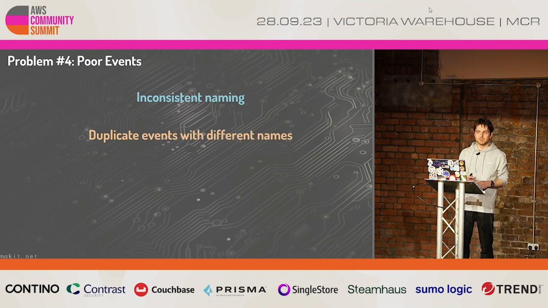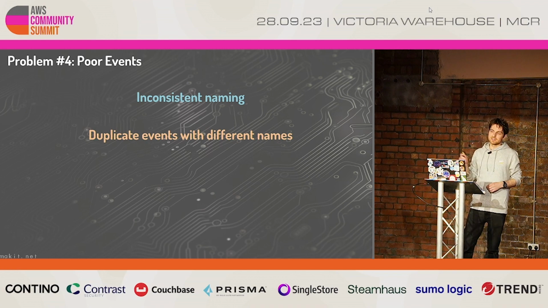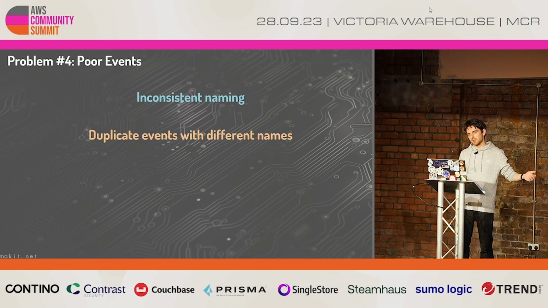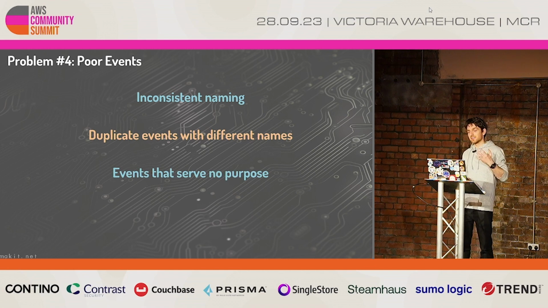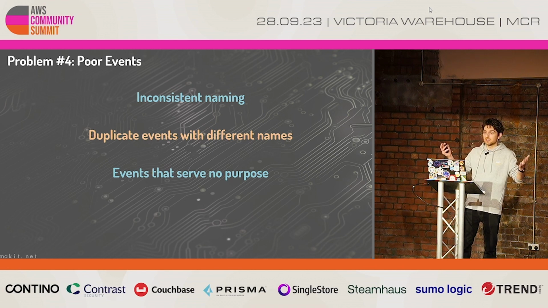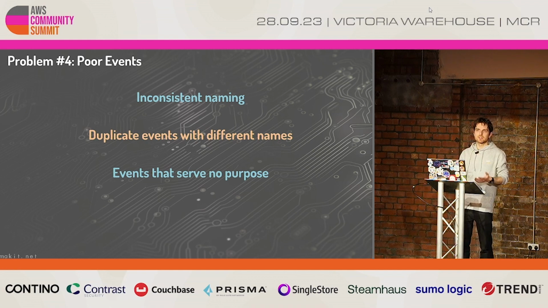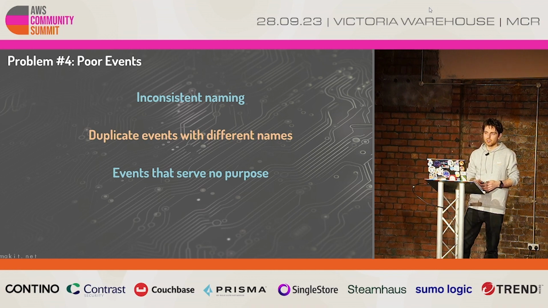One service might submit one event with a slightly different name to another service, and they both end up getting used by multiple different consumers, and now you've got a problem because you need to try to merge them all together. You'll also end up with events that just have no purpose. So you're submitting events with the idea that they'll eventually be useful, but sometimes that'll just flood the system with stuff you'll never need, or it's not the right kind of event to fire. So it's never really going to have a purpose.